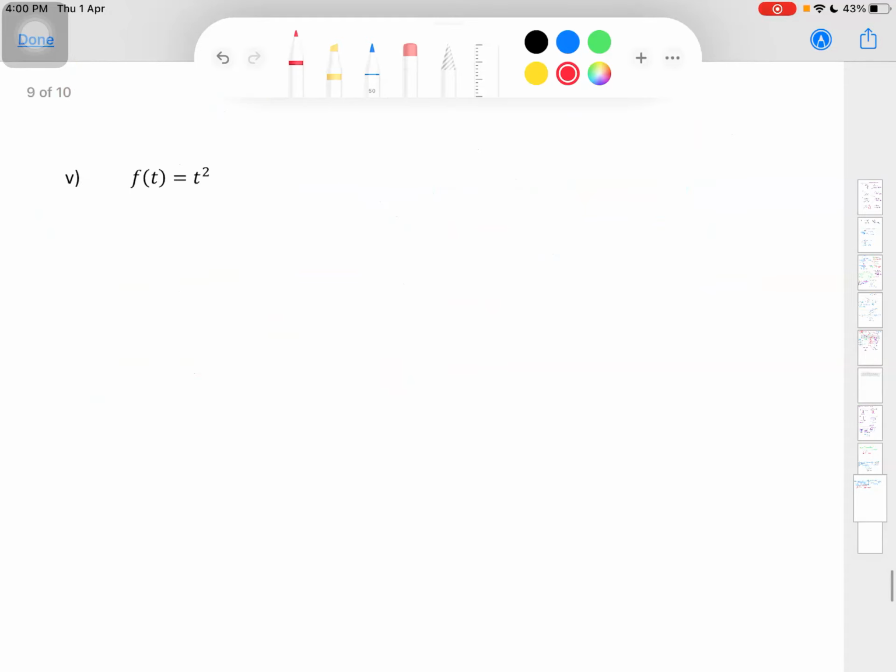Right, now for this one, because there's no sine or cosine, we can use a much simpler method. So we have f of t and we need f of minus t. Okay, so it will be minus t square.